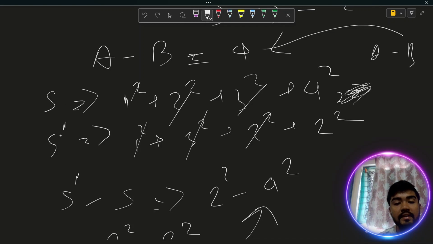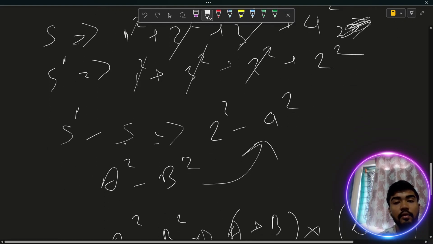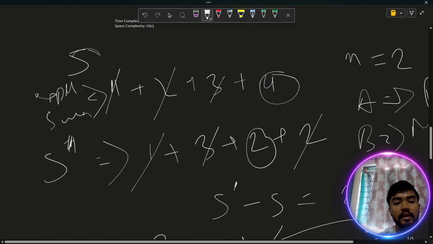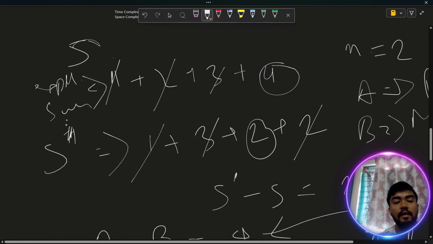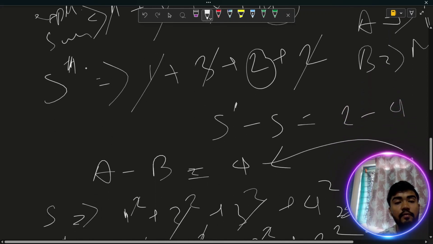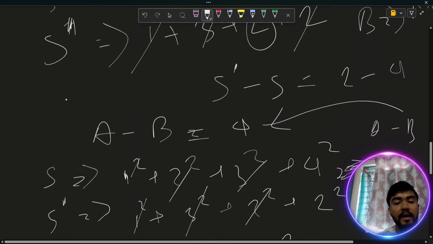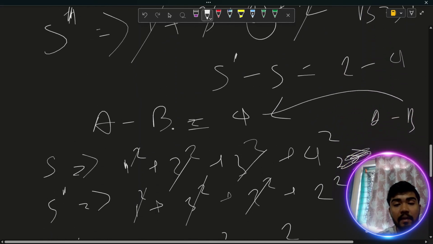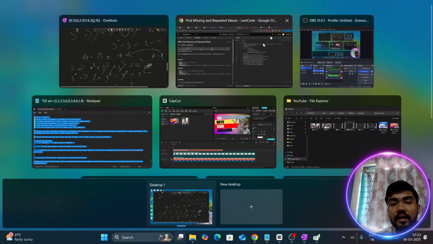So normal sum minus normal sum expected, that is s dash minus s, and we are going to get a minus b, that is diff of 2.